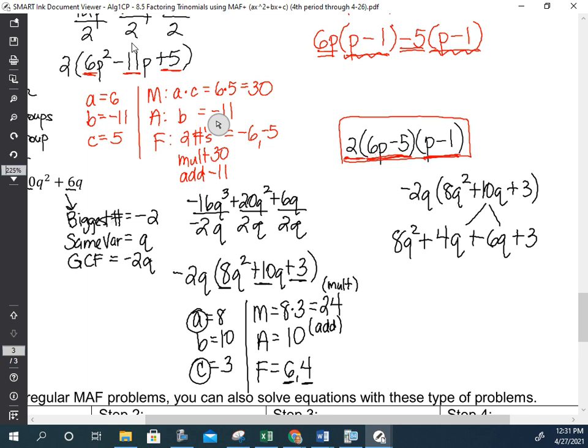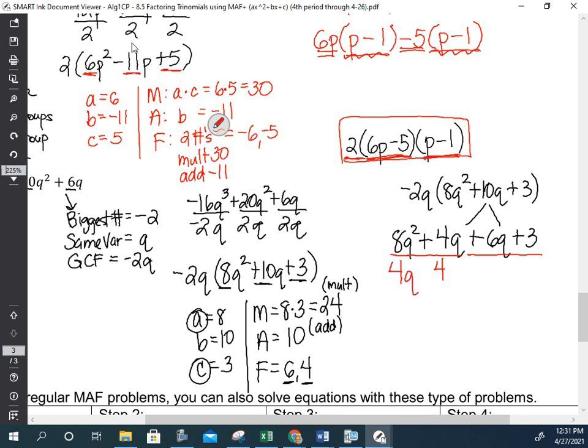So, where we left off, what divides into, so there's one group, there's the other group. What comes out of 8 and 4? 4. Do they both have a Q?